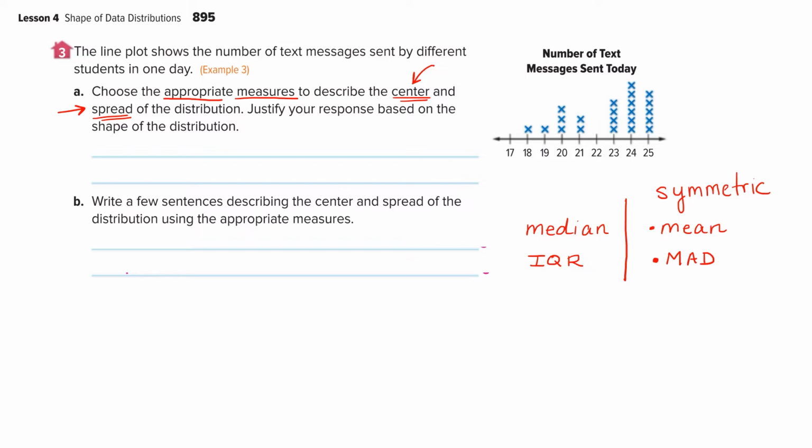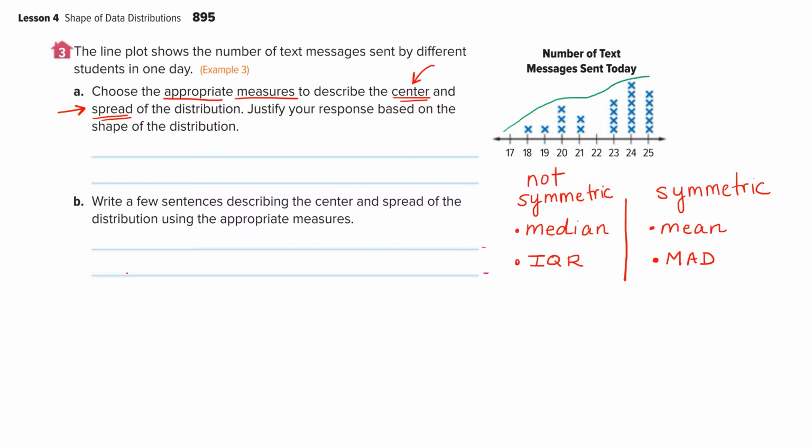When your data is not symmetric, let's say it's skewed somehow, then we're going to find the median and the interquartile range. Let's take a look at our graph. Is our graph symmetric? I'm going to draw a line just to outline the graph.